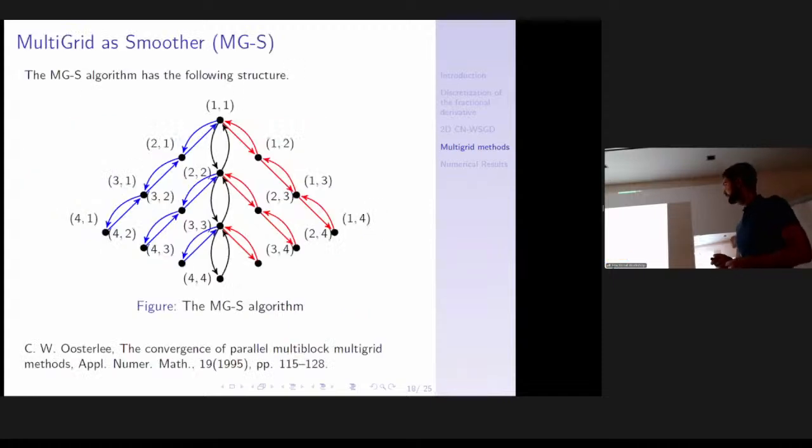And okay, this is our proposal. Standard semi-coarsening seems to be too weak to deal with strong anisotropies.